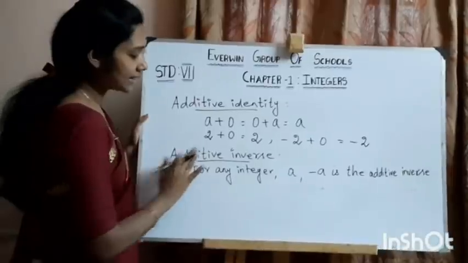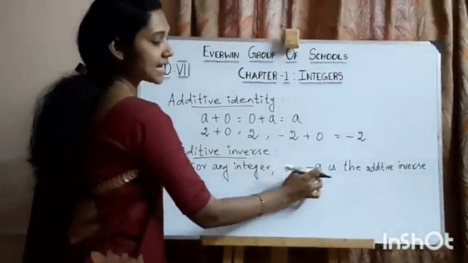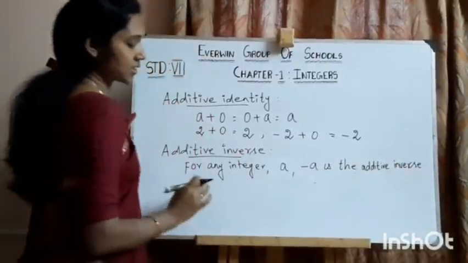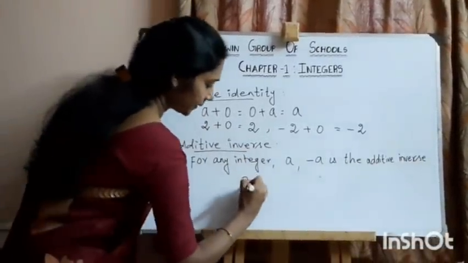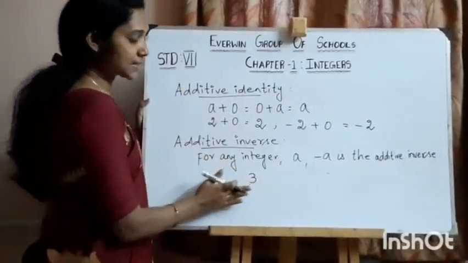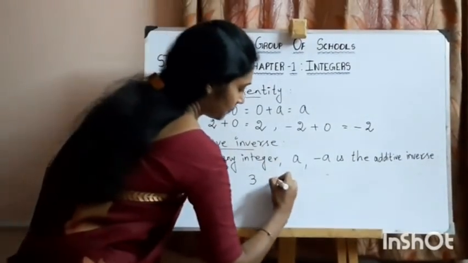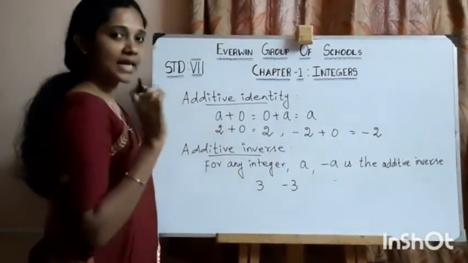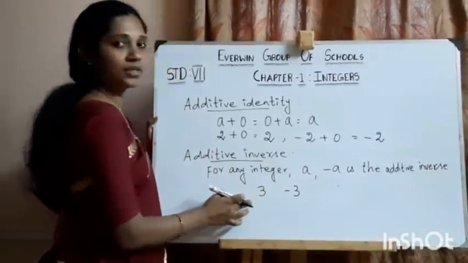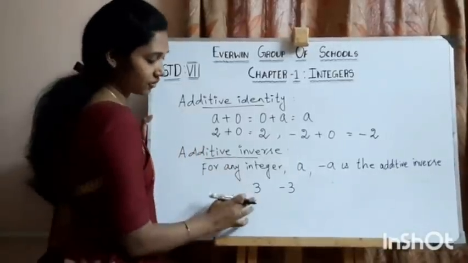Now additive inverse. For any integer a, minus a is the additive inverse. So consider 3. What is the other version of 3? This is positive version. So what is the other version? Negative, minus 3. So in this case we will tell if 3 is an integer, minus 3 is the additive inverse of 3.